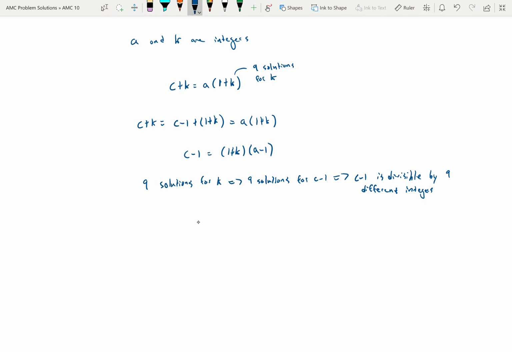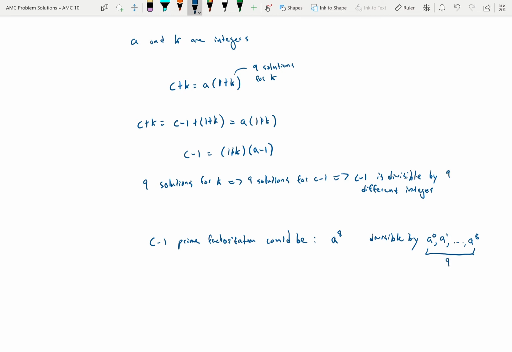So the C minus 1 prime factorization could be some integer a to the 8th. And notice that's divisible by a to the 0, a to the 1, dot, dot, dot, all the way a to the 8th. There are 9 solutions there.